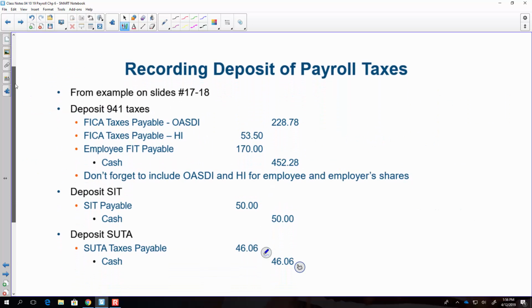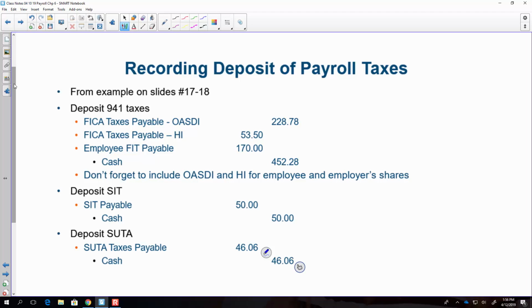So here we have some additional computations as far as recording the payroll tax deposit. And please know this for the exam. What 3 taxes make up a 941 deposit? Well, here they are. They're all federal taxes. Social Security, Medicare, and withholding, right? FIT, federal income tax withheld from the employee's paycheck.